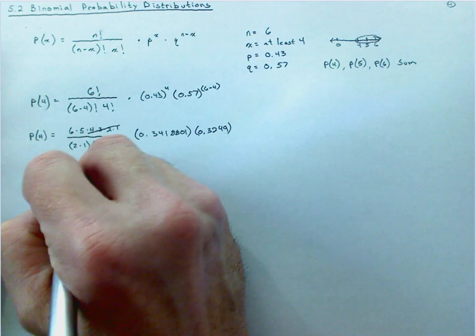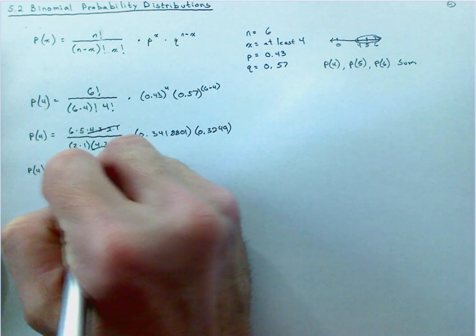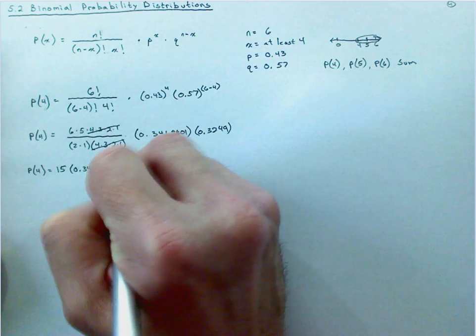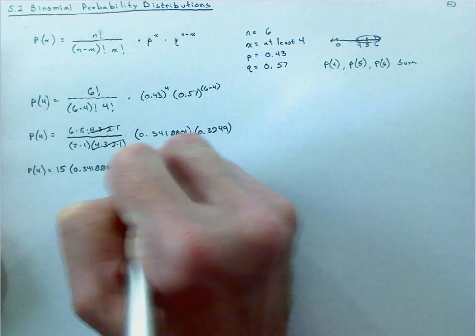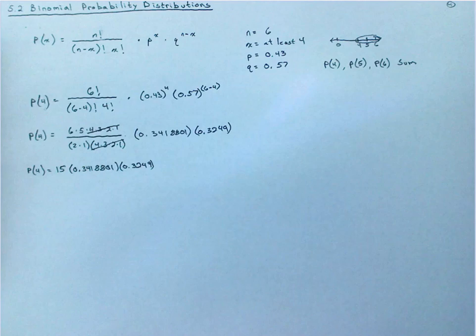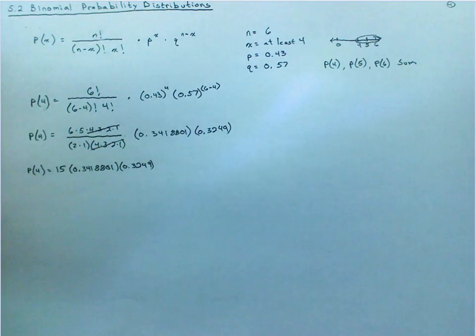So I need to take 15 and multiply it by these two values. We'll round to the 5th decimal place, then add them up, and round from there. That's a safer bet.